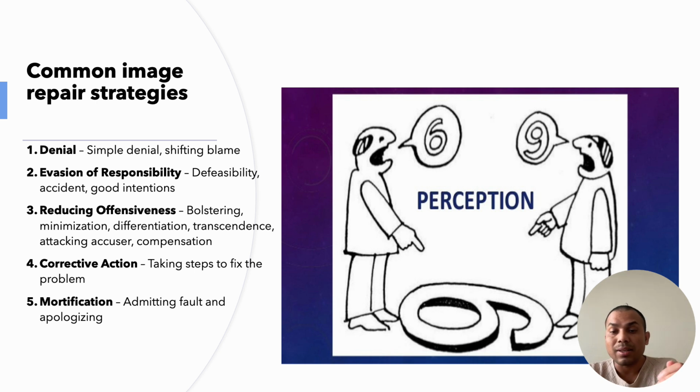But if they find that there is something wrong and clearly seen evidence, they will simply accept the fault and apologize, right? So these are the 5 strategies organizations or public figures use to manage their reputation during the crisis, according to image repair or image restoration theory.